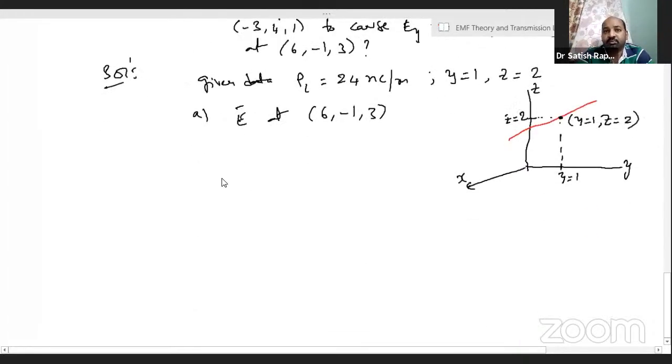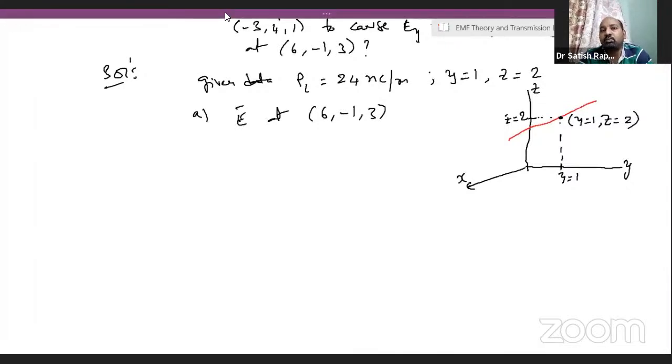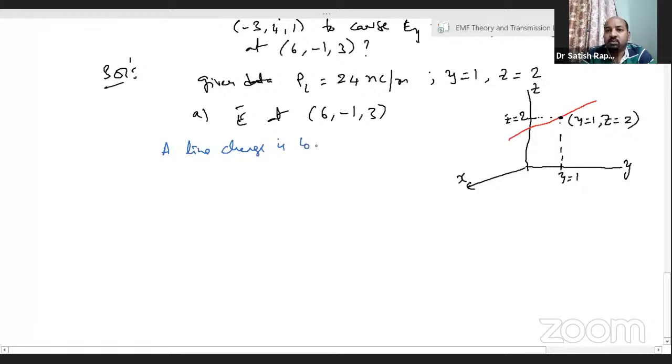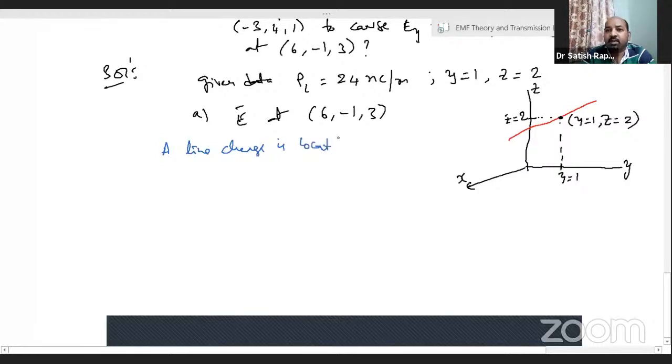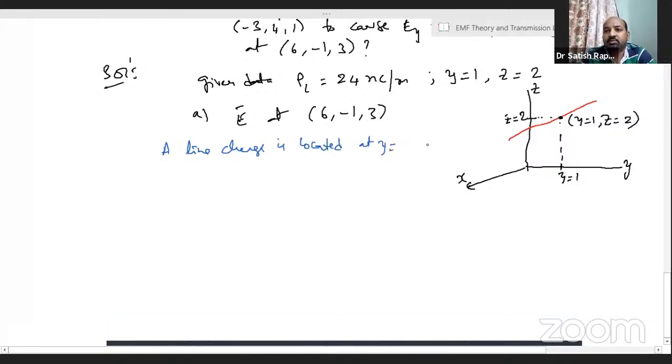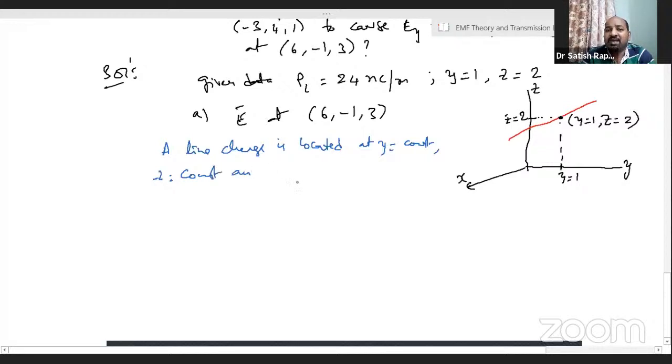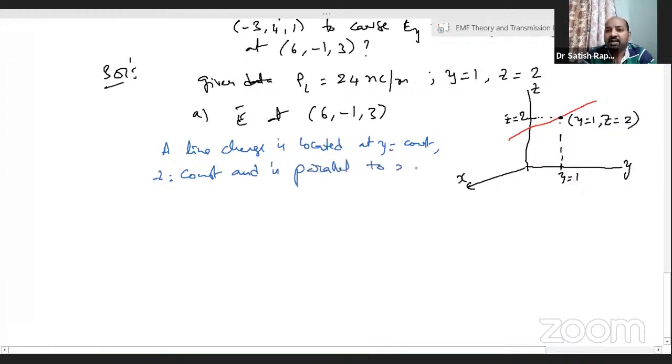Let me write here: a line charge is located at y is equal to constant, z is equal to constant, and is parallel to the x-axis.